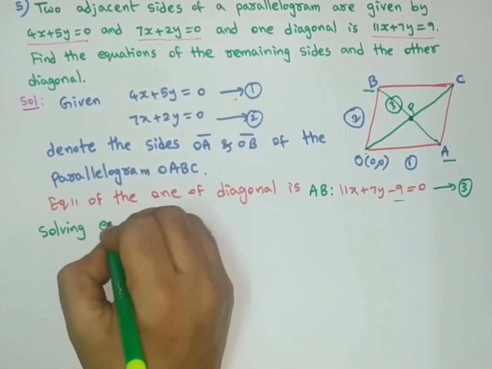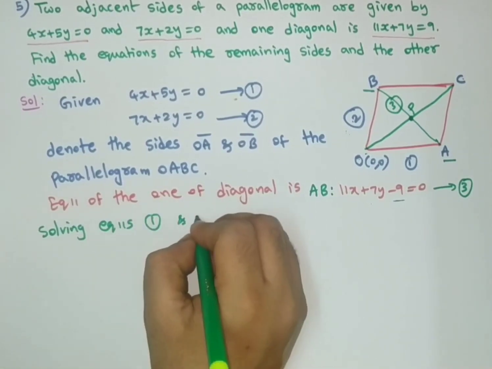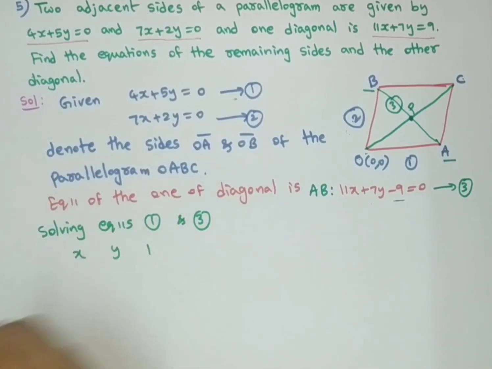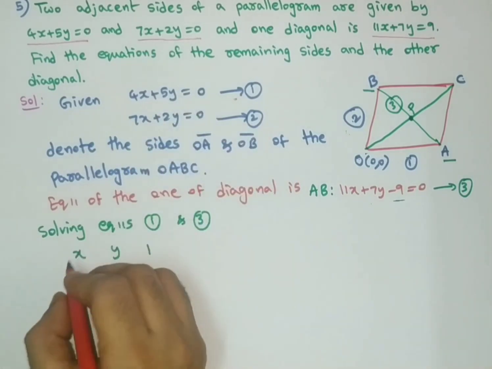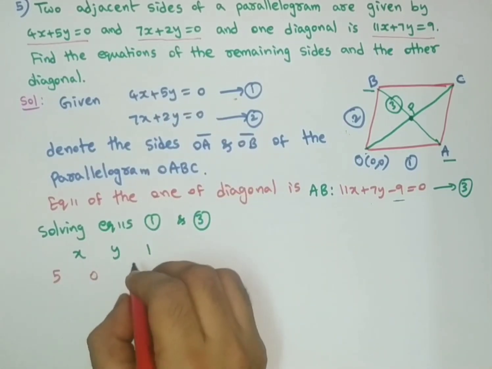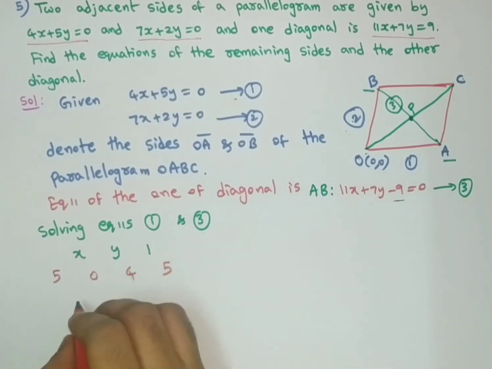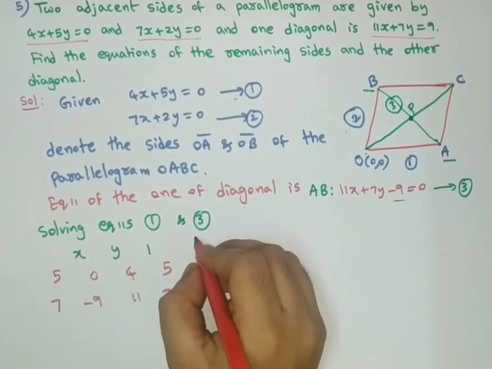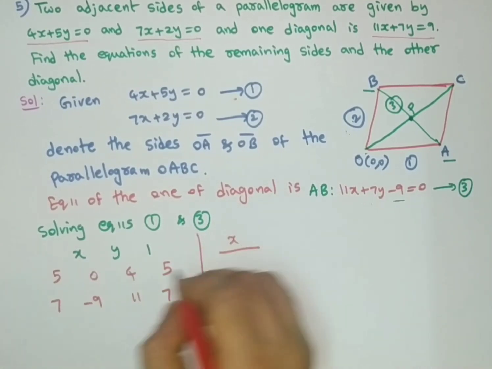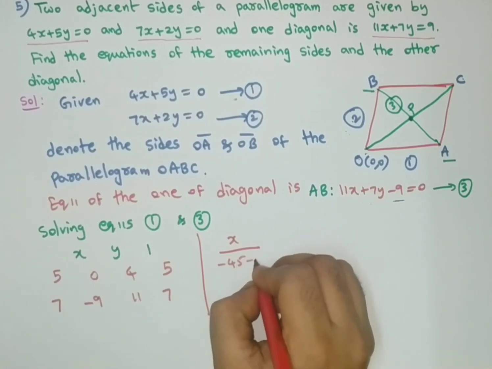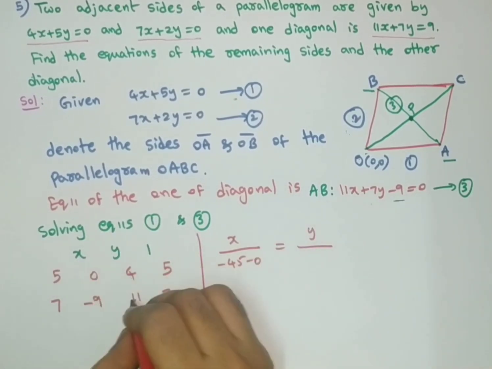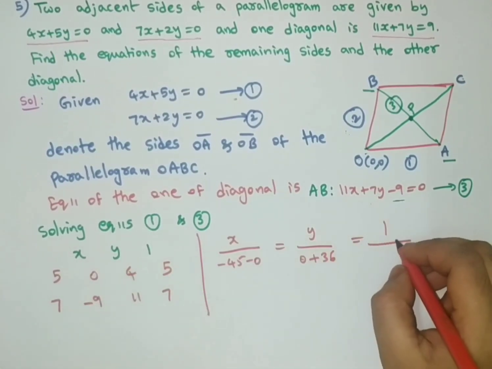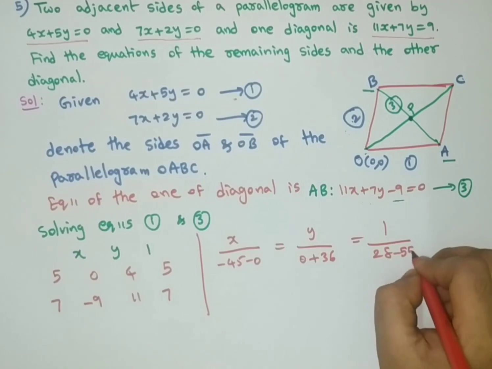Solving equations 1 and 3 by the cross multiplication method. Equation 1: 5, 4, 0, with no constant, so 0, 4, 5. Next, equation 3: 7, minus 9, 11, 7. So what we will get? x by minus 45 minus 0 is equal to y by 0 plus 36 is equal to 1 by 28 minus 55.